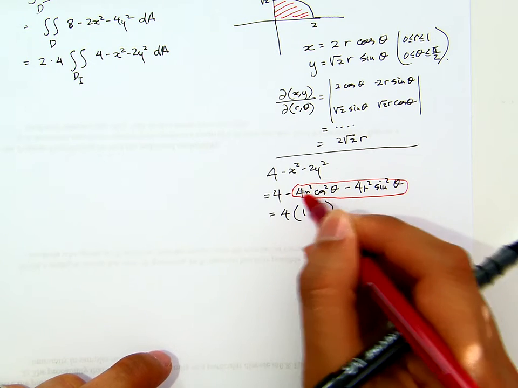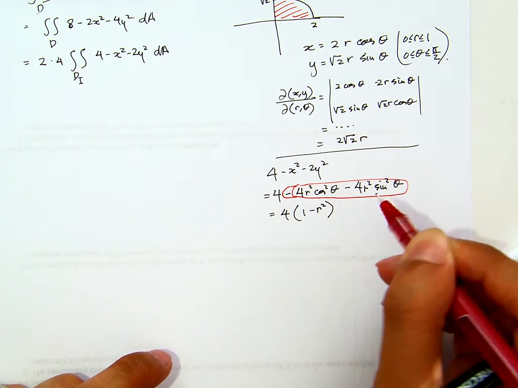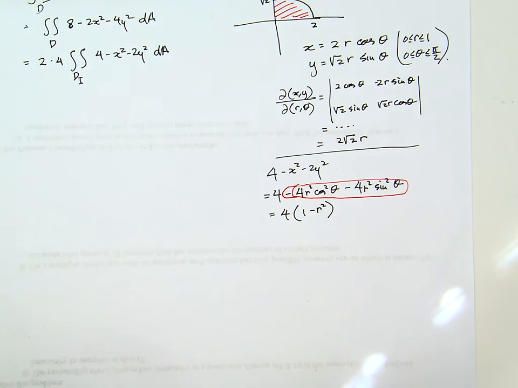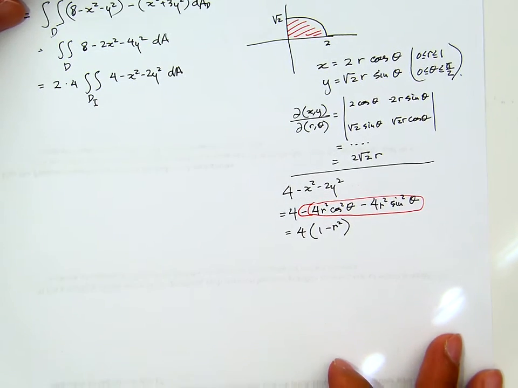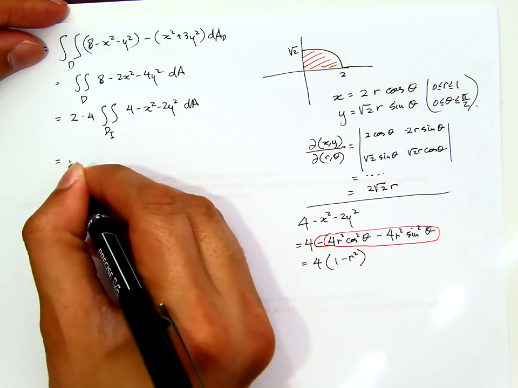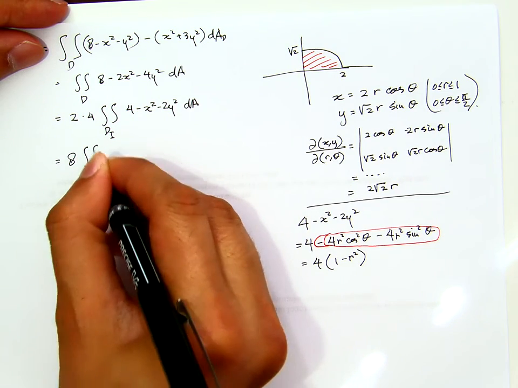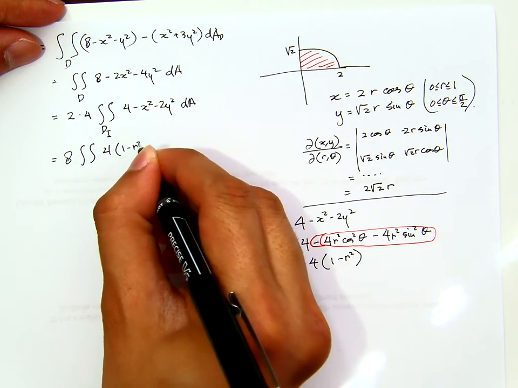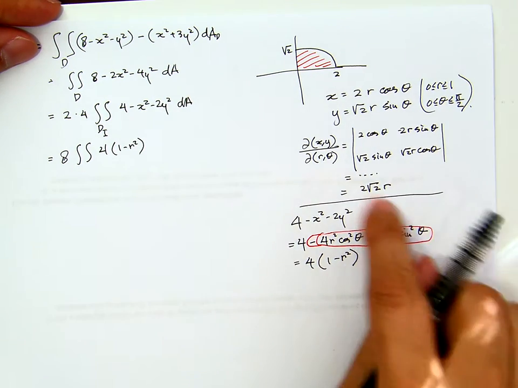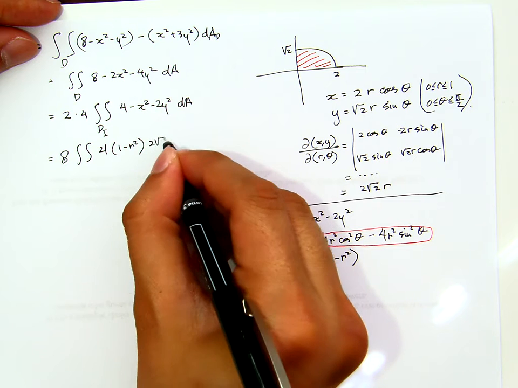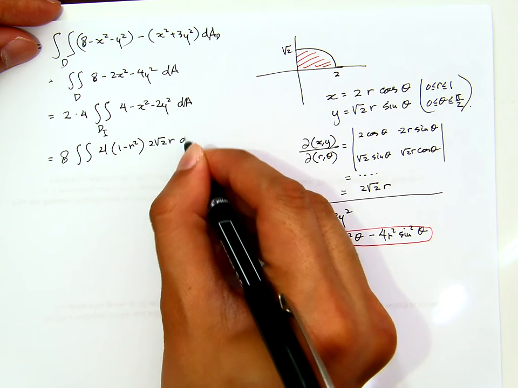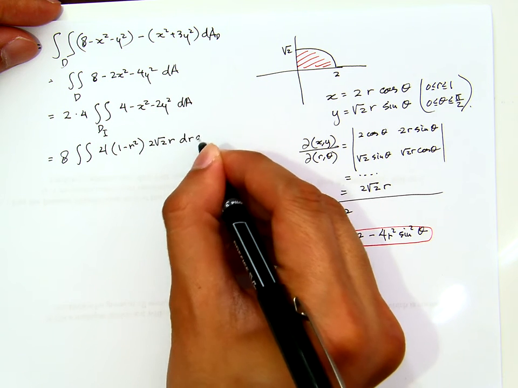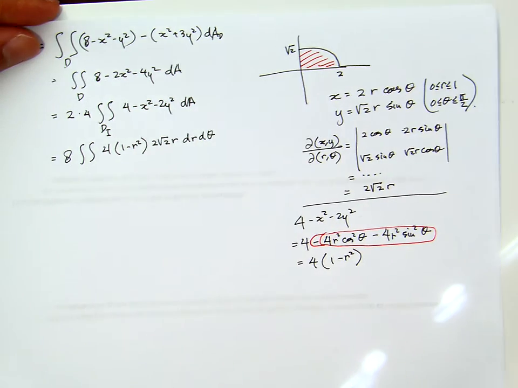I should take the negative together too. Now the integral becomes 8 double integral of 4 times 1 minus r squared, and this is the Jacobian 2 radical 2 r, dr d theta.